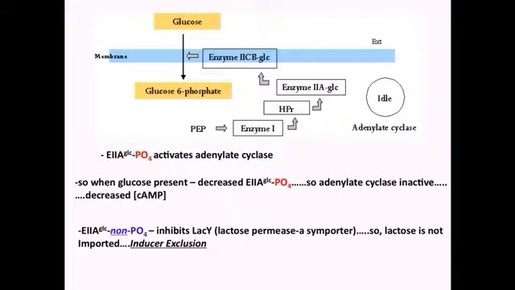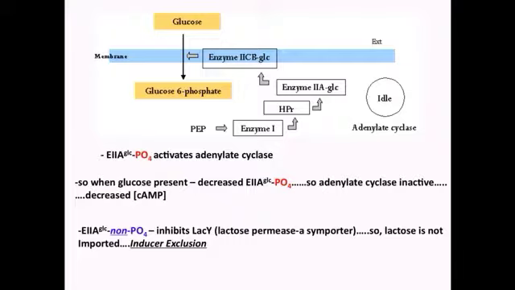So the predominant form of this enzyme 2A glucose, and this is the critical enzyme, so it's important that you remember this. This is the critical enzyme for catabolite repression. The phosphorylated form of enzyme 2A glucose is at very low levels when glucose is being transported. Makes sense. Glucose transport requires the phosphate flux to go through here very fast.